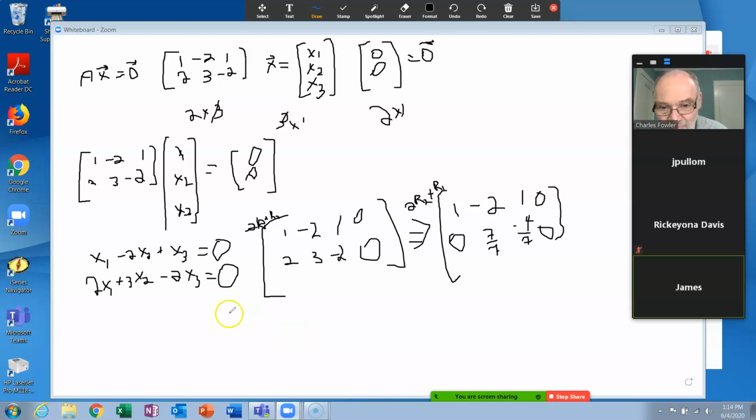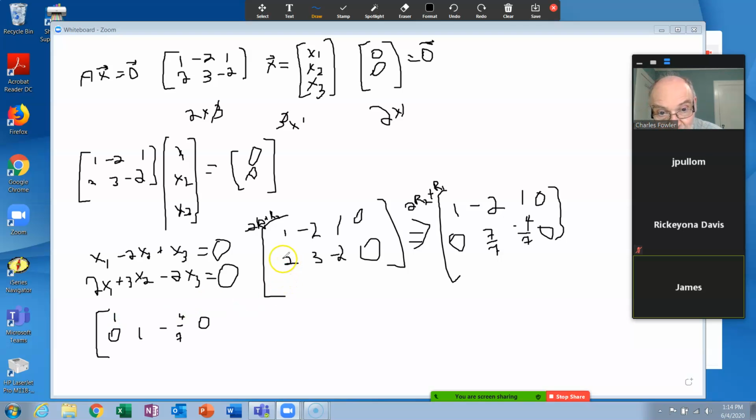Okay. So let's write that down again. Our second row we're going to leave alone, except I'm going to change the 7 over 7 to 1. So that's going to be a 0, a 1, and a -4/7, and a 0. Now the top equation, once we operate with this, we'll have 2 times 0 is 0 plus 1 is 1. Good, we didn't want that to change.